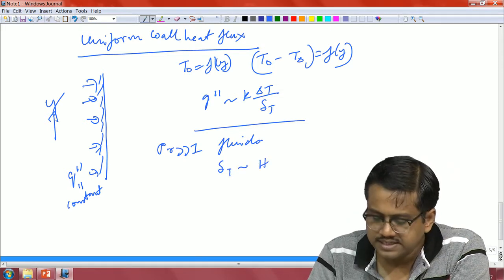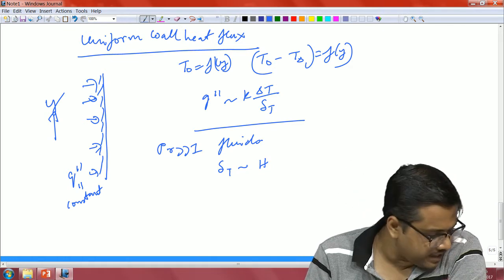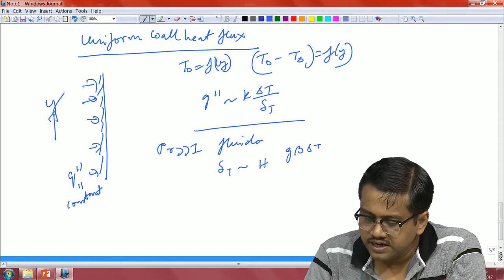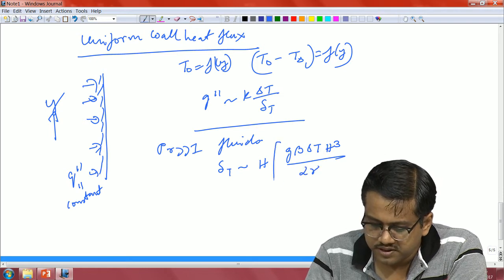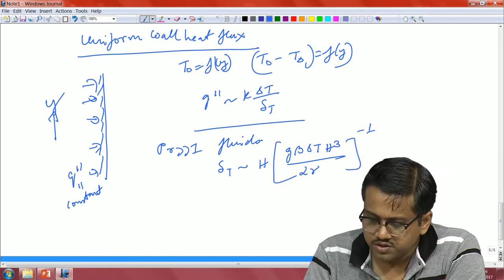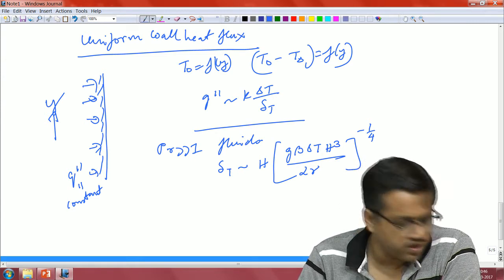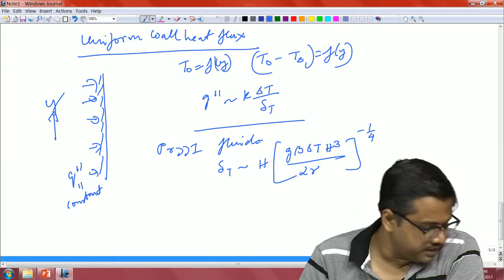The basic scaling argument does not change, it is just that what we substitute changes a little bit. So G beta delta T H cubed divided by alpha nu, raised to the power of minus 1/4, was our delta T. We wrote it in terms of the Rayleigh number in that case.